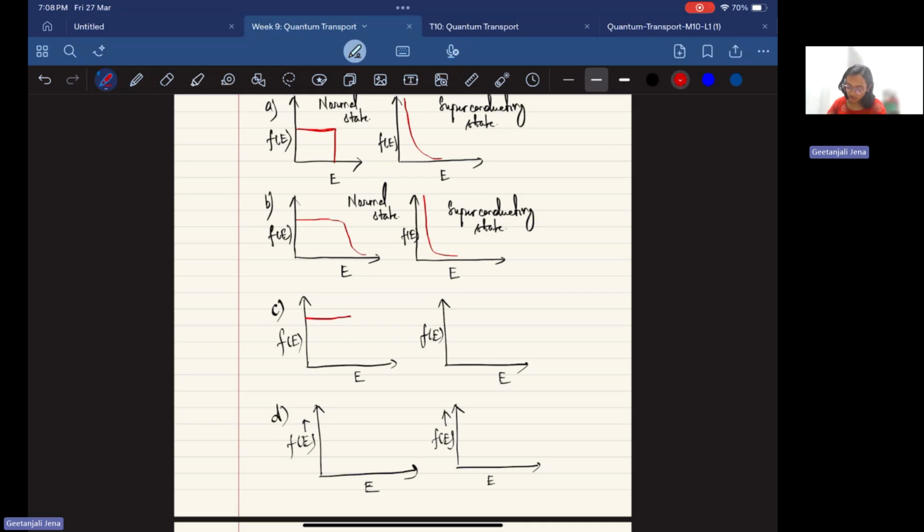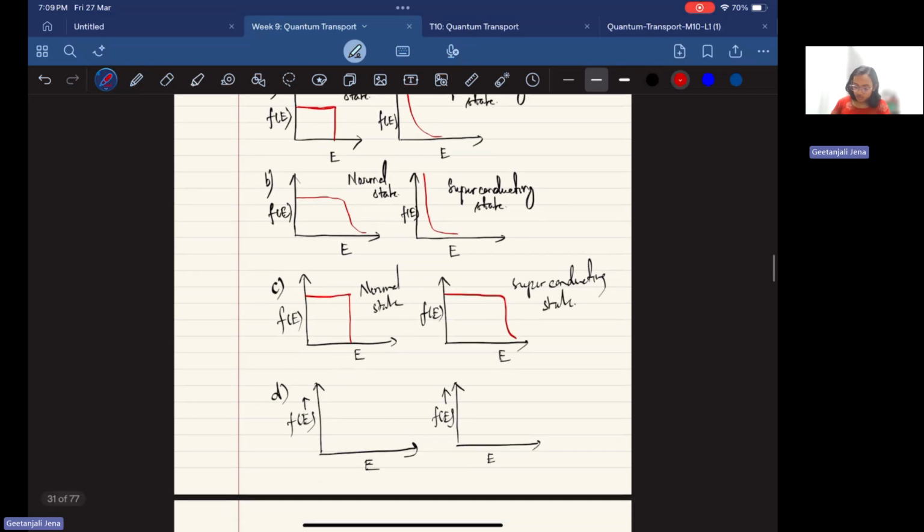First one is like this. This first one is for the normal state. This one is for the superconducting state.